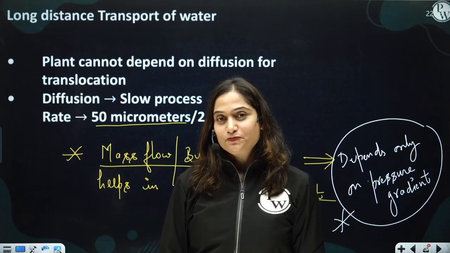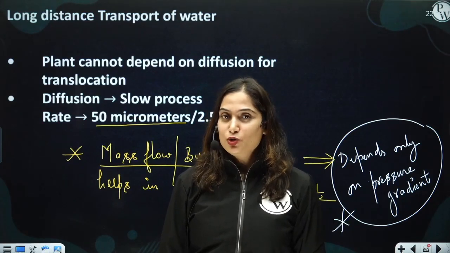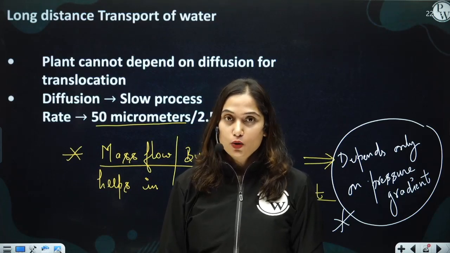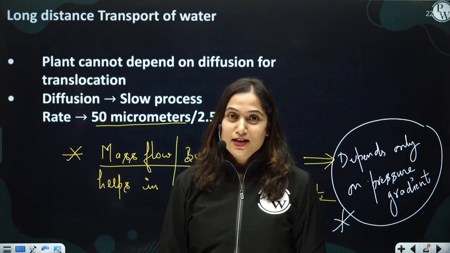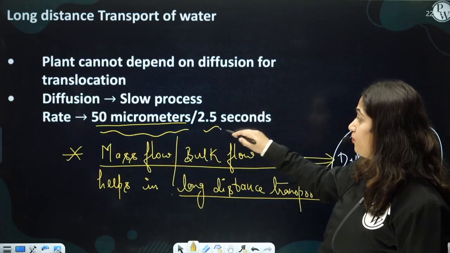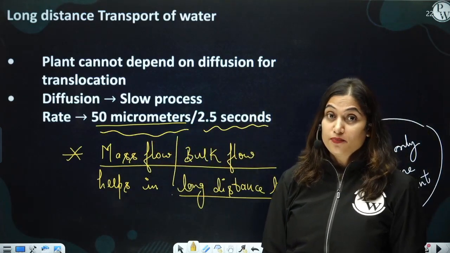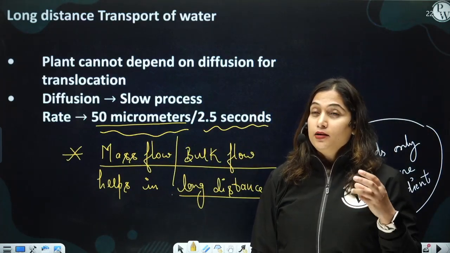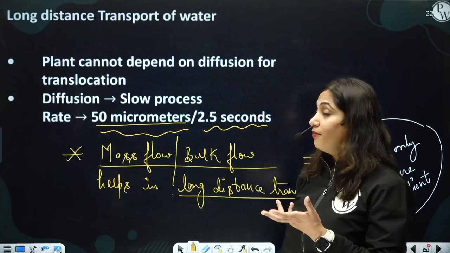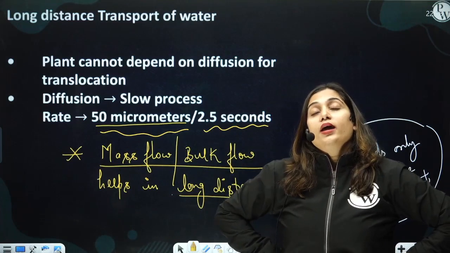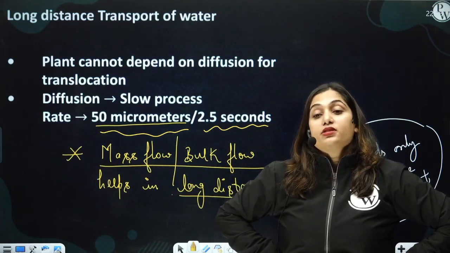So here diffusion fails. Diffusion is a very slow process, and the rate of diffusion is 50 micrometers per 2.5 seconds. See, in 2.5 seconds, the materials will travel a distance of only 50 micrometers, 10 raised to the power minus 6 meter. The leaf will wait and die by the time the water and minerals arrive.